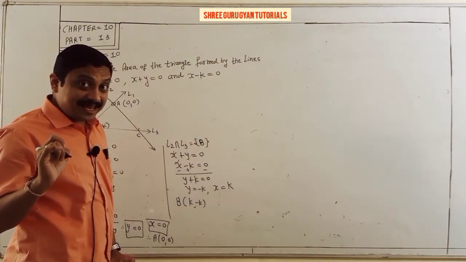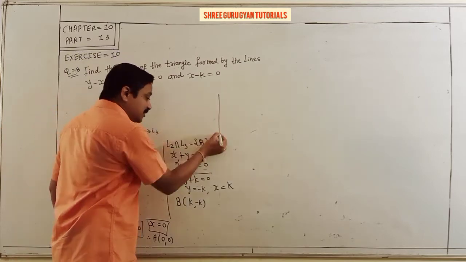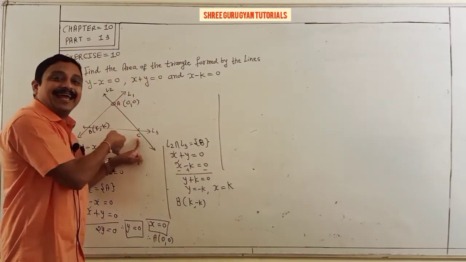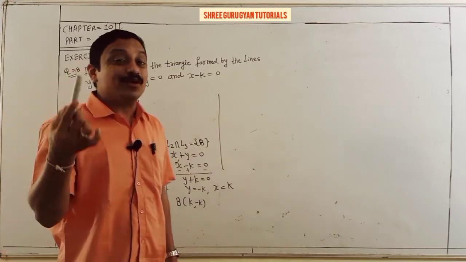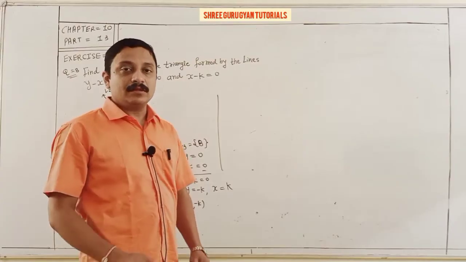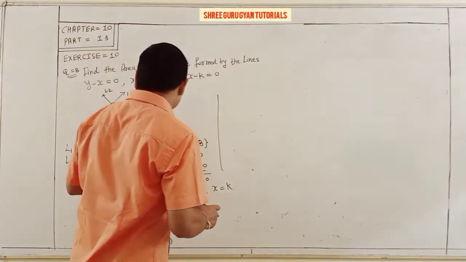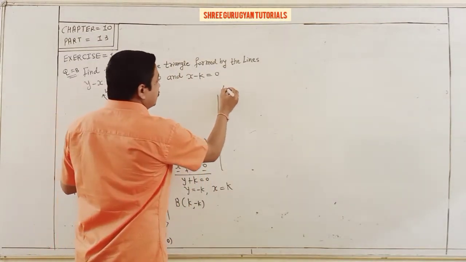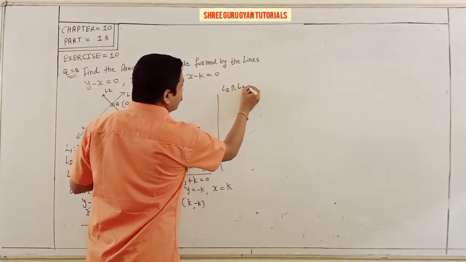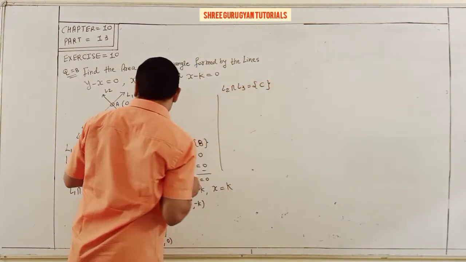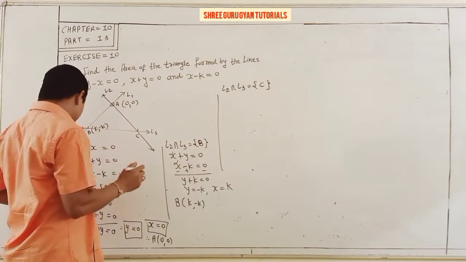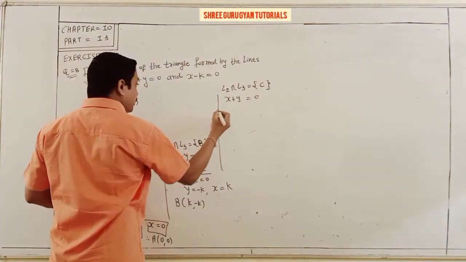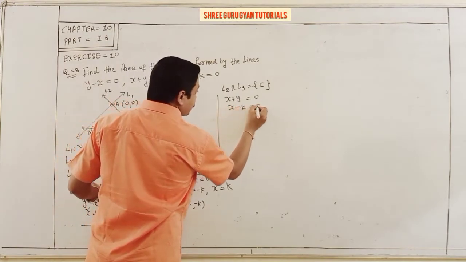Now I will take C. After that, as before, students, the third equations, L2 and L3 intersection, derive the value for C. L2 I have x plus y and L3 I have x minus k.